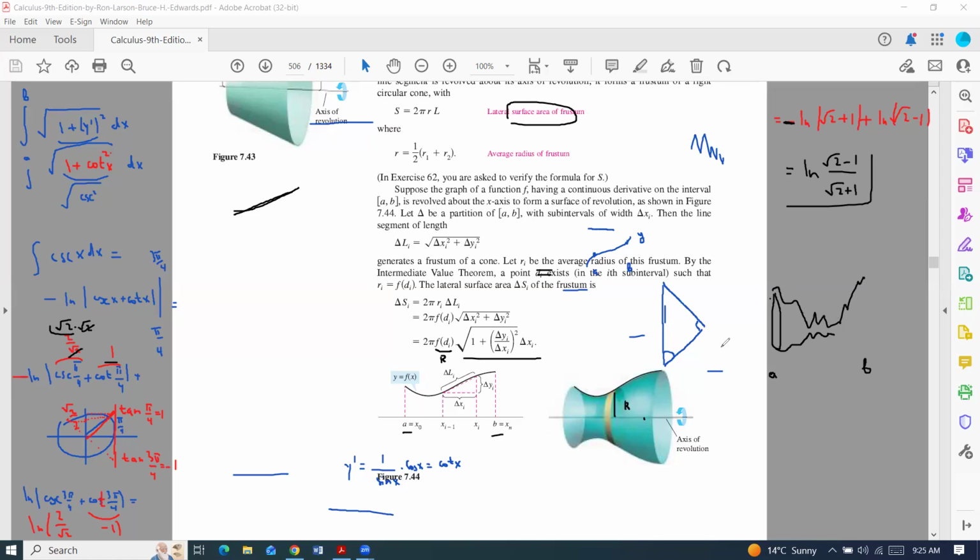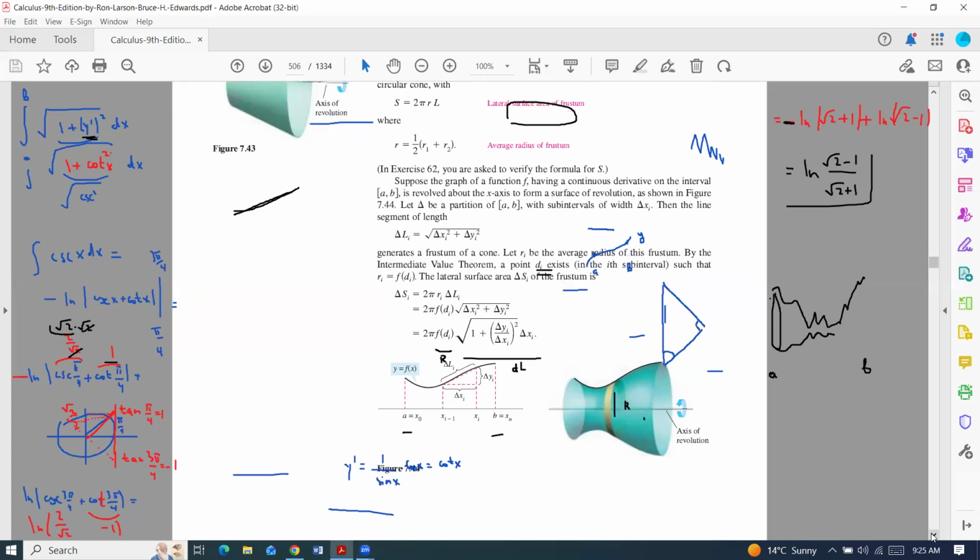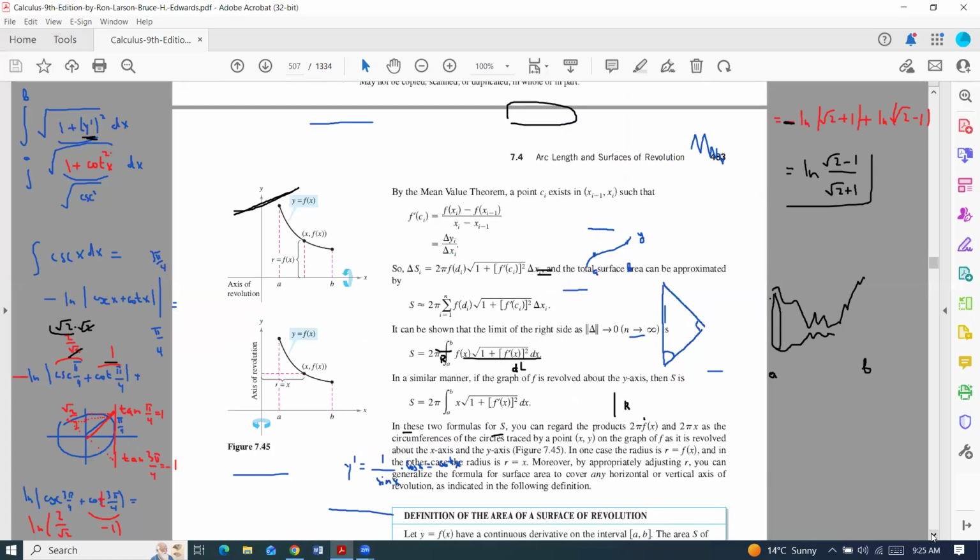In fact, when you take a limit, you get exactly the integral. This part they call dl, and that's our derivative of f, squared, inside the square root. So we extended it one more step to use with three-dimensional space to find surfaces.